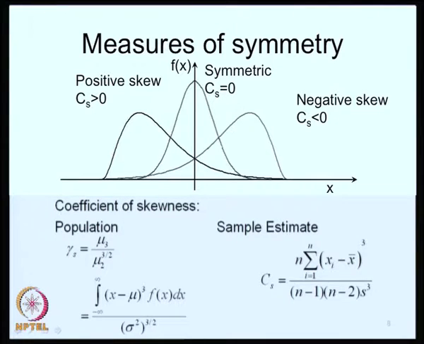Note that for the positive skew, the distribution is stretched to the right, so it is skewed to the right, and for the negative skew, there is a long tail to the left. If you have a long tail to the right, it is called a positive skew. If you have a long tail to the left, it is called a negative skew.